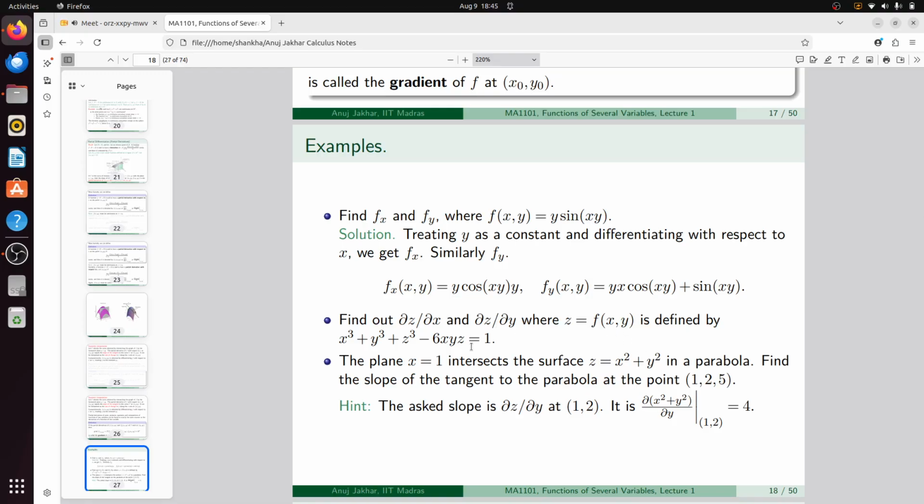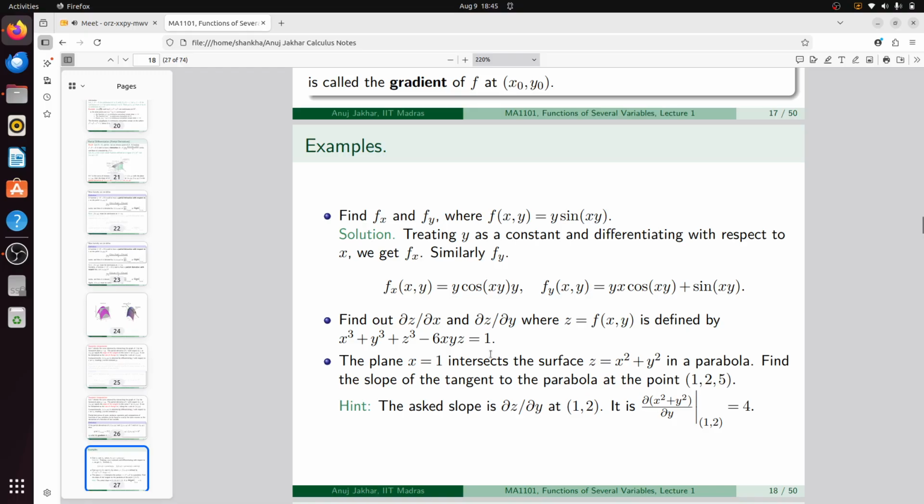Okay, no problem, I can discuss del z del x once again. If you take del z del x, you get 3x squared plus 3z squared del z del x minus 6xy del z del x equal to 1.